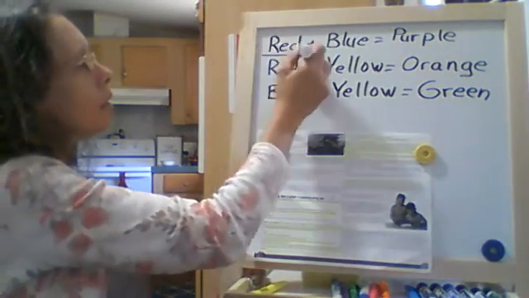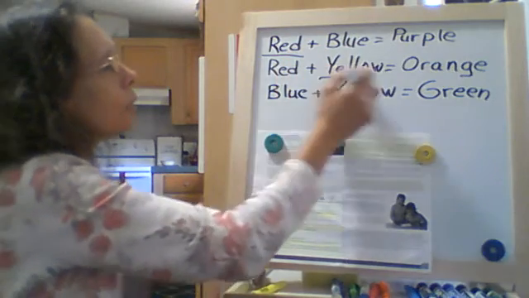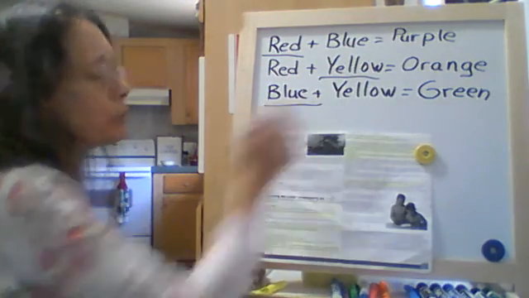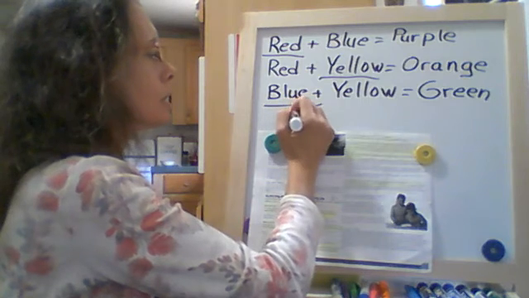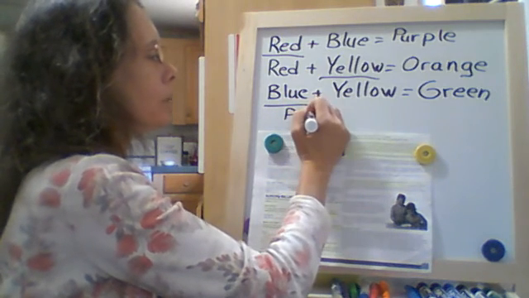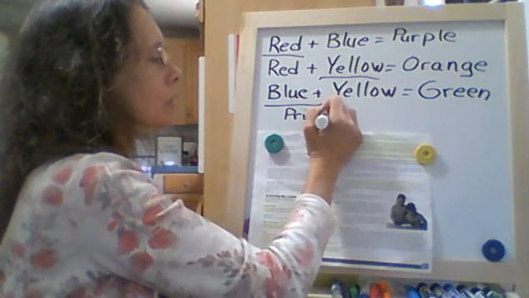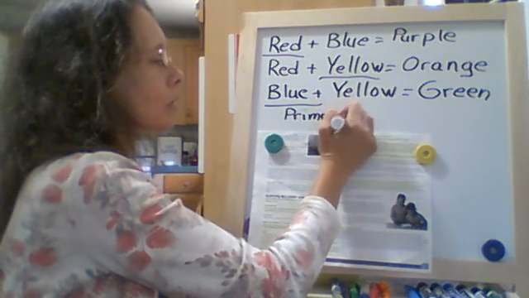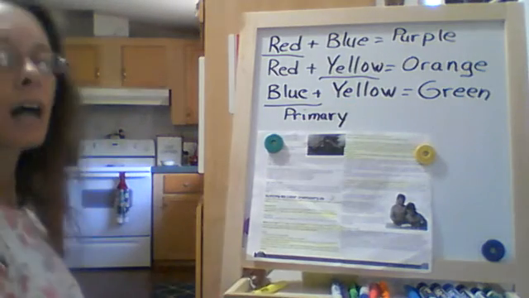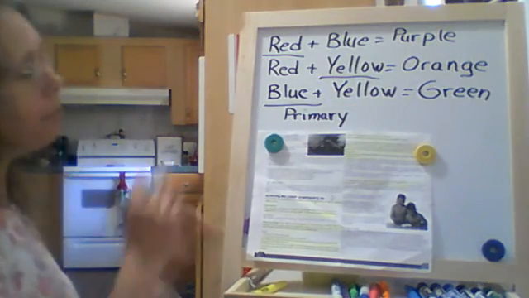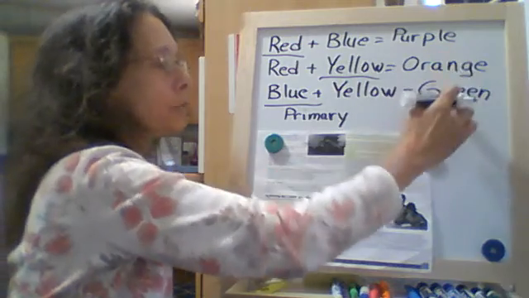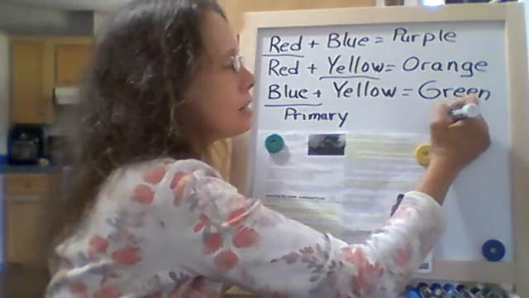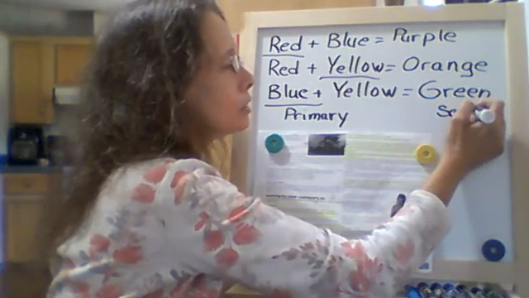Red, yellow, and blue are called primary colors. And the colors that you make by mixing those three colors, purple, orange, and green, are secondary colors.